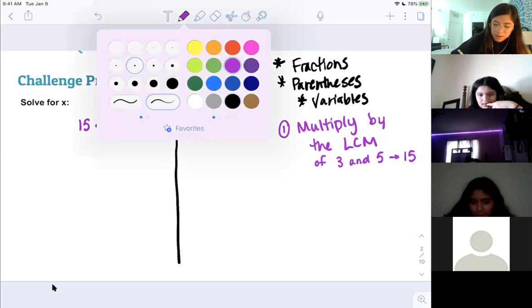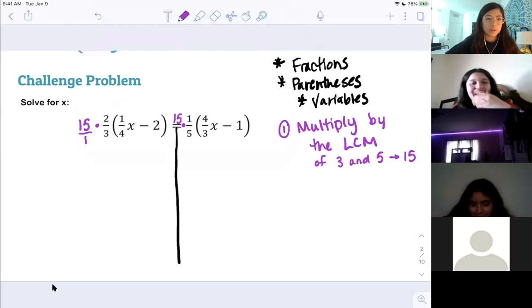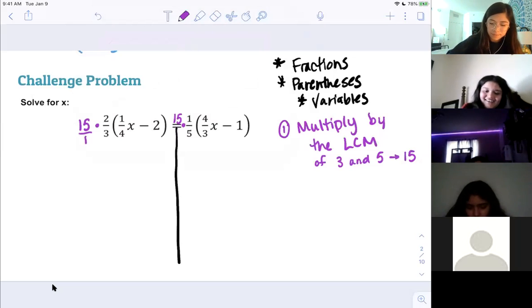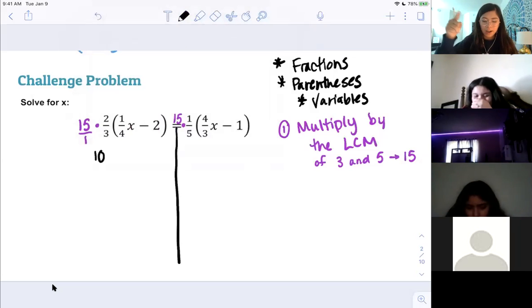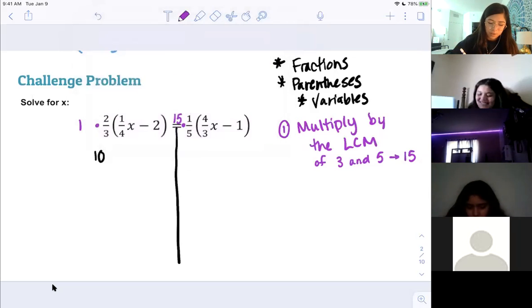I could either make it a fraction and then multiply across, which would give me 30 over 3. And then what do I get as my answer? 10. The other way to do that is to multiply by the top and then divide by the bottom. So I could do 15 times 2, which is 30, and then divide it by 3, which is 10. You get the same thing.